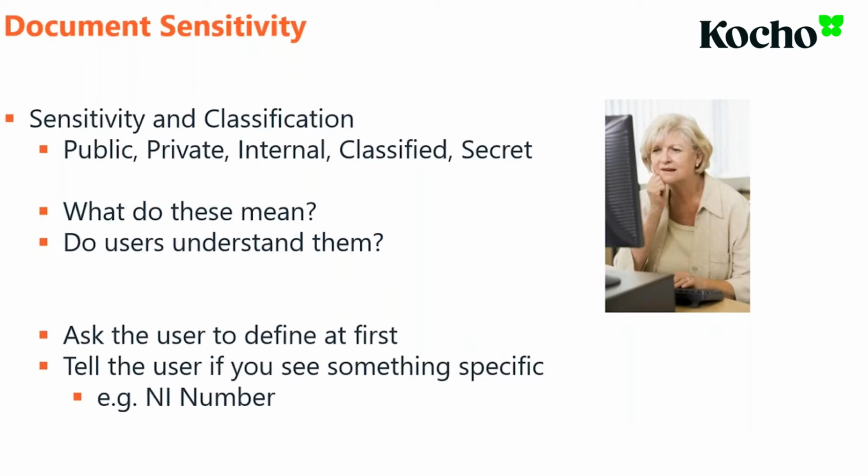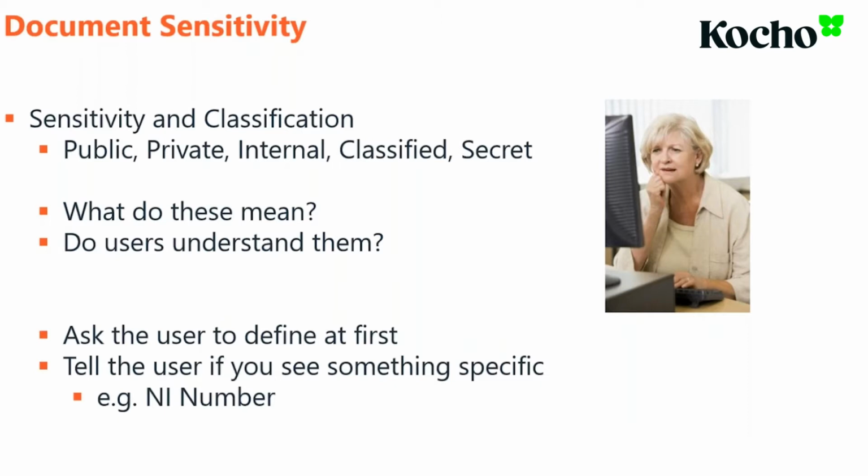What do we mean by public, private, internal, classified, secret, sensitive, official sensitive, top secret, bigoted? There are so many different phrases that we use to actually describe information. Do your users actually understand that, or are they confused by the options?